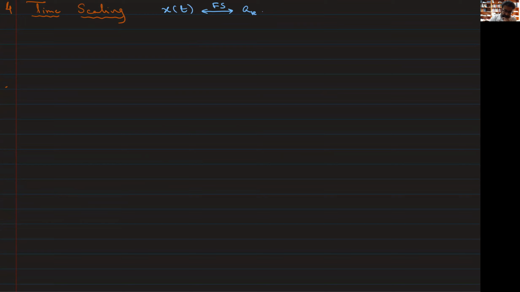What can I say about the Fourier series coefficients of x of alpha t? Now, the question is the following. If I take x of alpha t, is x of alpha t periodic? That's the first question. What's the answer to that?